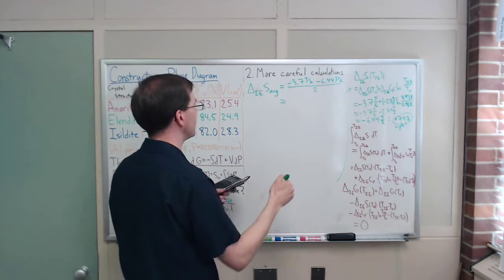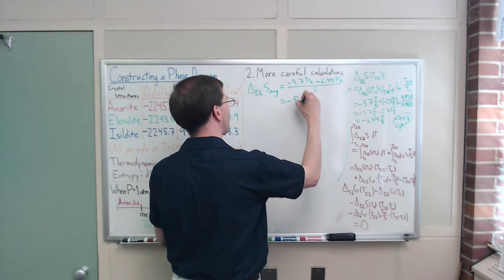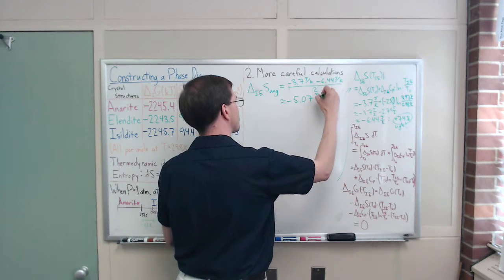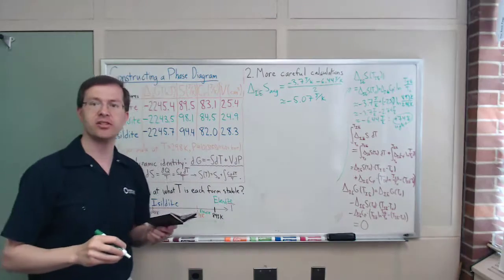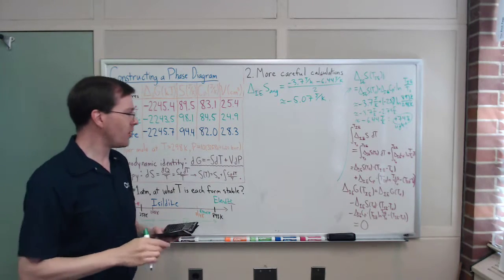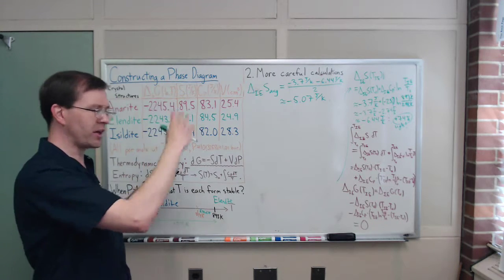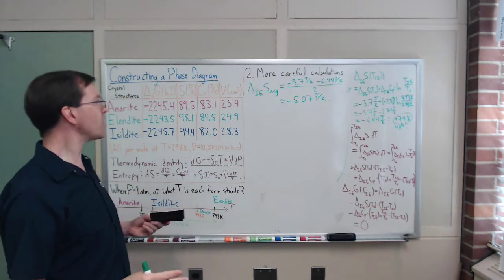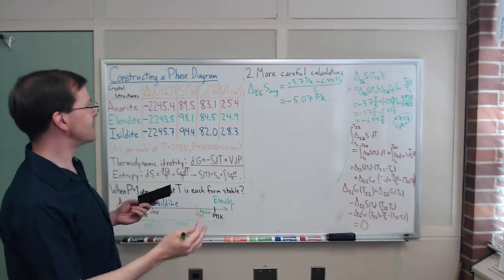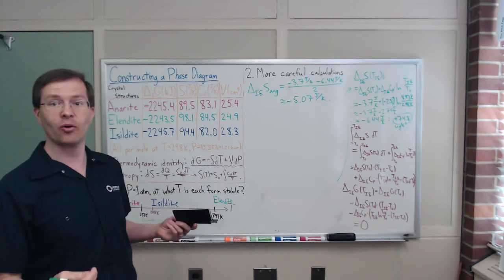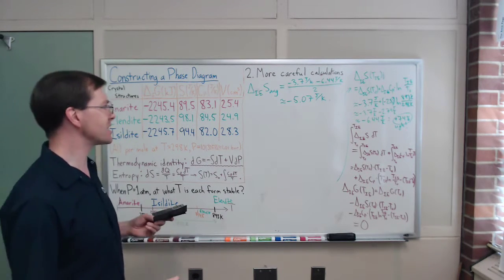I get negative 5.07 joules per Kelvin as my average delta S. So, okay, what if I just used that instead of doing this whole integral of a natural log thing? What if I just use that as if it were the constant? Treat that as a constant.